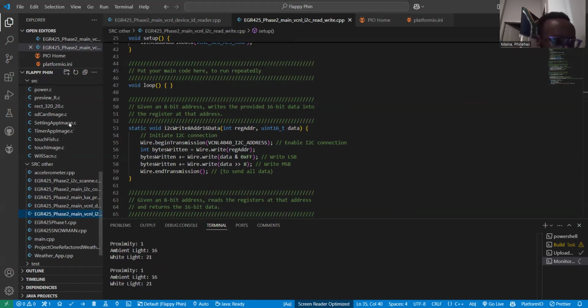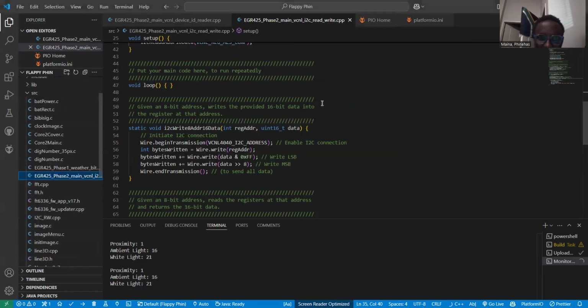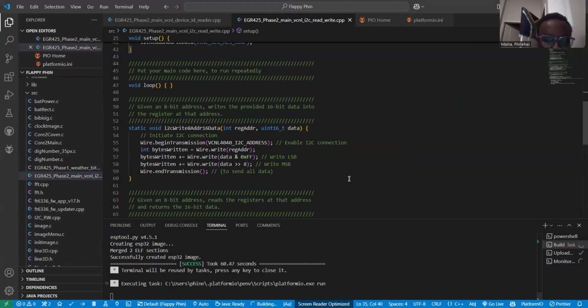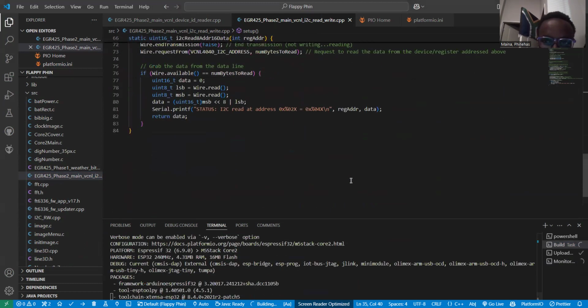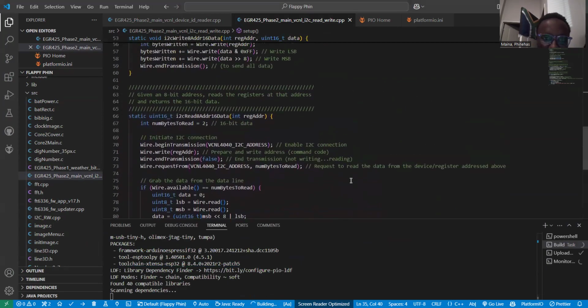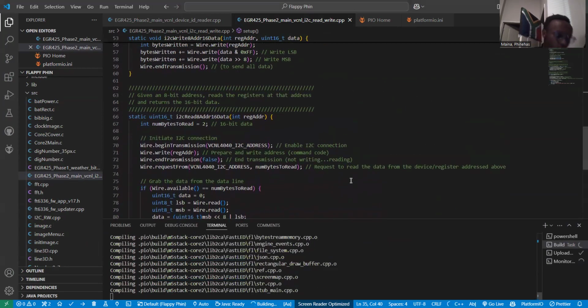So if we build this one, okay, we had a slight issue when I was running it.